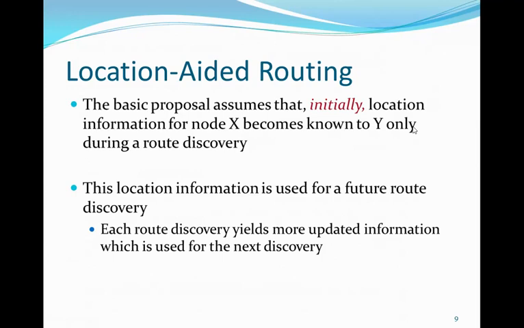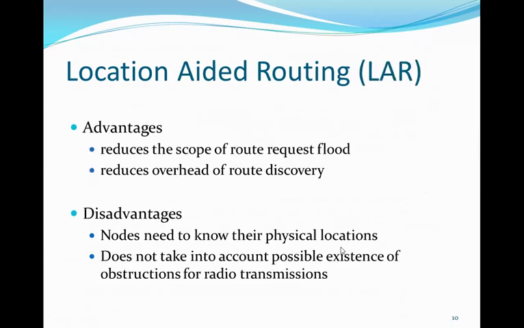Remember, particularly in ad hoc networks and mobile ad hoc networks, the nodes are able to move and change their position from time to time. So we need to update the location information, and once it is updated, we should start the route discovery process, because every route discovery process yields more updated information, which is used for the next discovery as well.